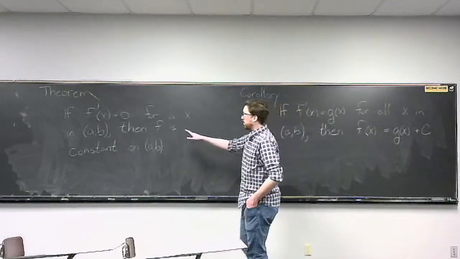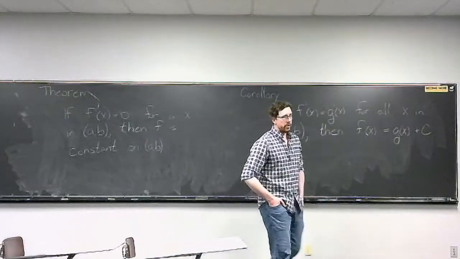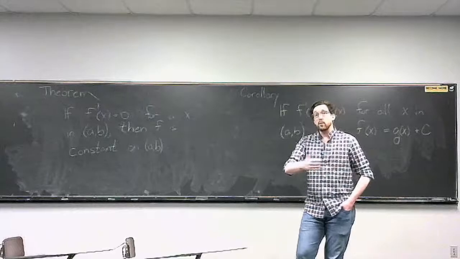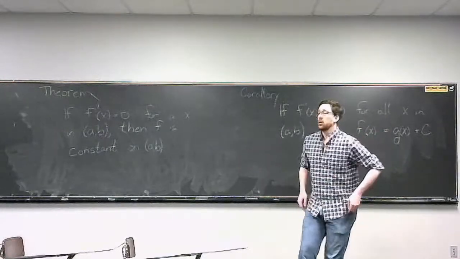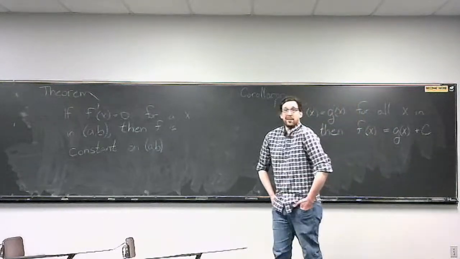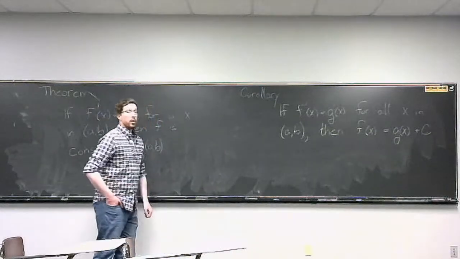So this theorem is just telling us that if the derivative of a function is 0 throughout some open interval from a to b, then your function is just constant on that interval a to b.